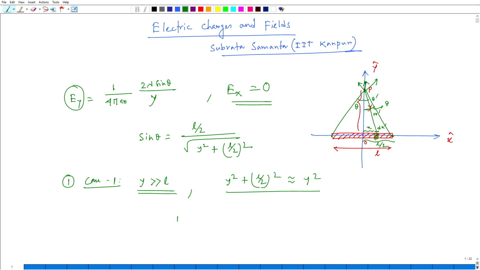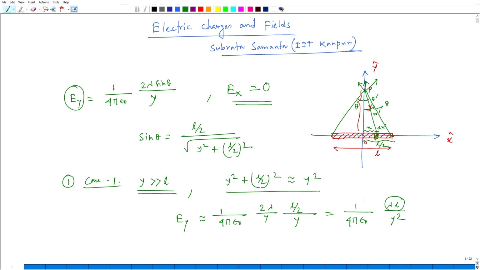Then the electric field E y becomes 1 over 4 pi epsilon naught, 2 lambda over y times L by 2 over y. So this becomes 1 over 4 pi epsilon naught lambda L over y square.